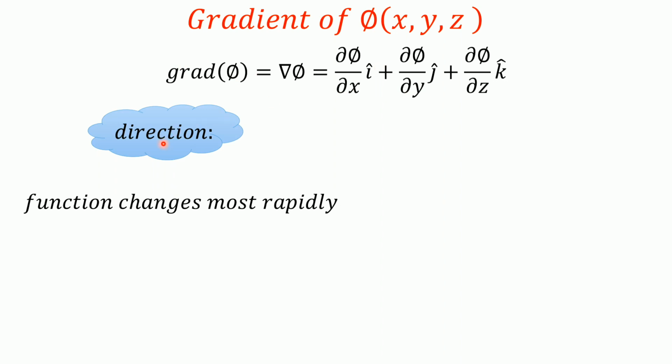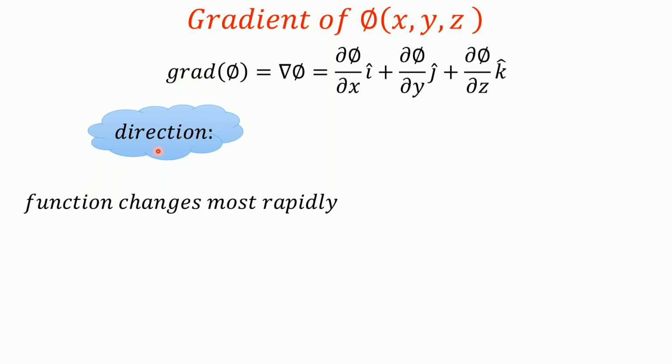It gives us a direction along which the function changes most rapidly. That is what we have discussed just now. Along del phi, the rate of change of the function is maximum. In which direction do we get the maximum directional derivative? Along the direction of del phi. So del phi is nothing but grad phi, right?